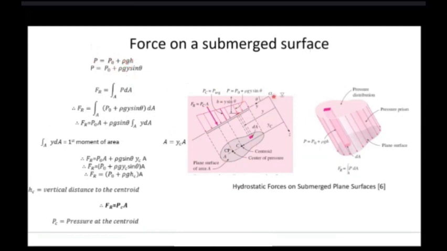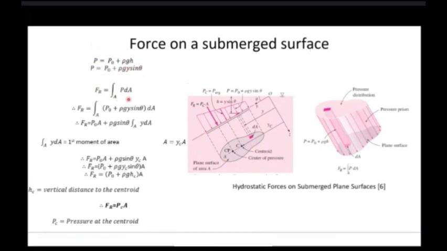We've just said, if this plate is orientated such that it's inclined at some angle theta, h would be y sine theta. So my total pressure equals my atmospheric pressure plus rho g y sine theta. Okay, so there's my pressure.